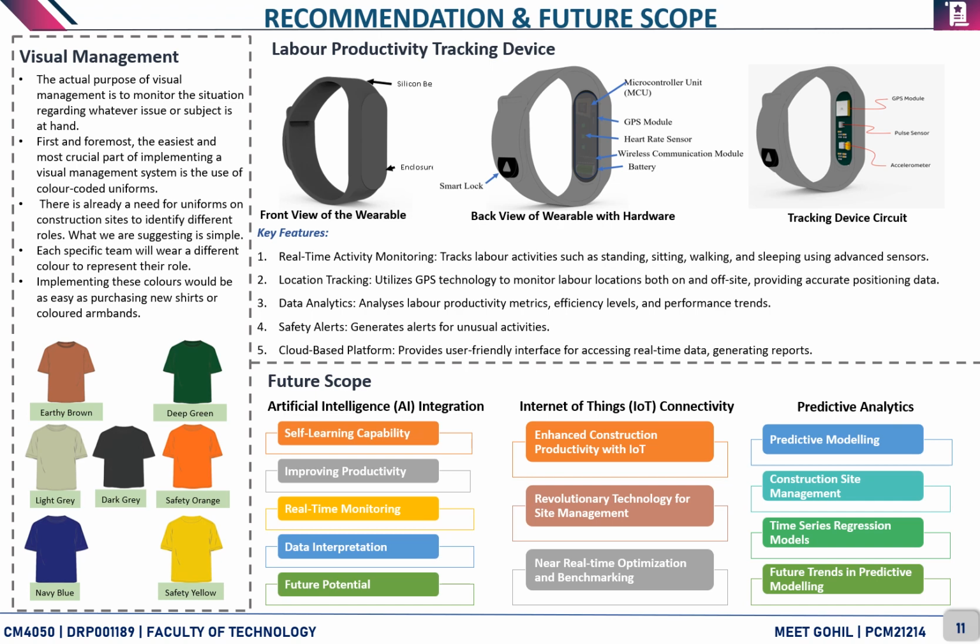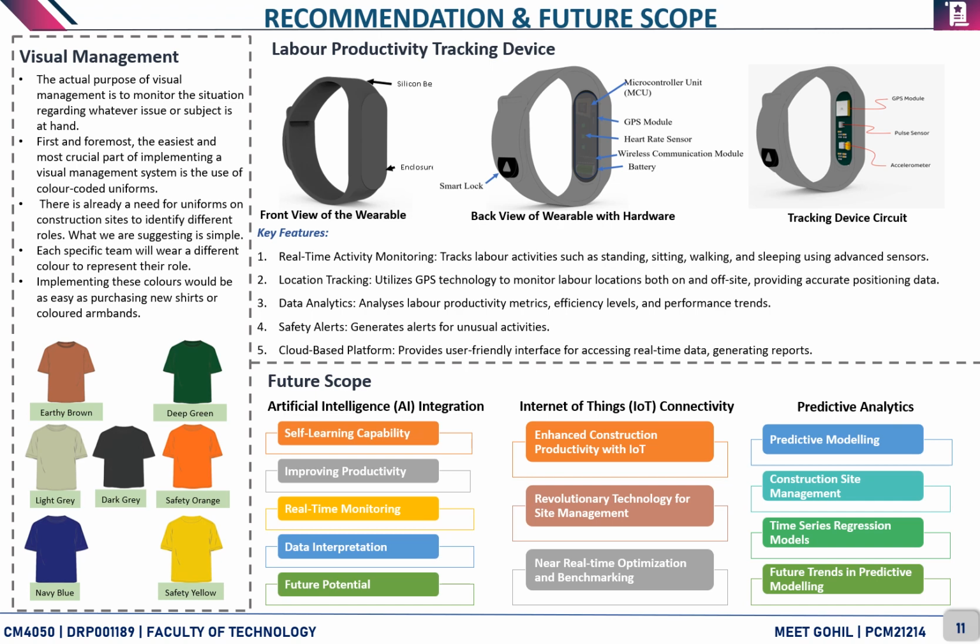The key features of the device are real-time tracking and monitoring, which tracks labor activities such as standing, sitting, walking, and sleeping using advanced sensors. Location tracking utilizes GPS technology to monitor labor location both on-site and off-site, providing accurate positioning data.